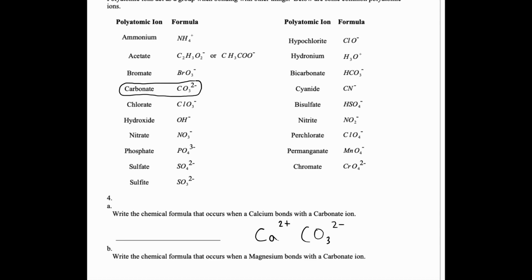So it turns out to be a perfect match. All right, so Ca has 2 to give. CO3 is like a unit that has 2 spaces for electrons. If it could just get 2 electrons, it'll be happy. And luckily, calcium has 2 electrons to give.